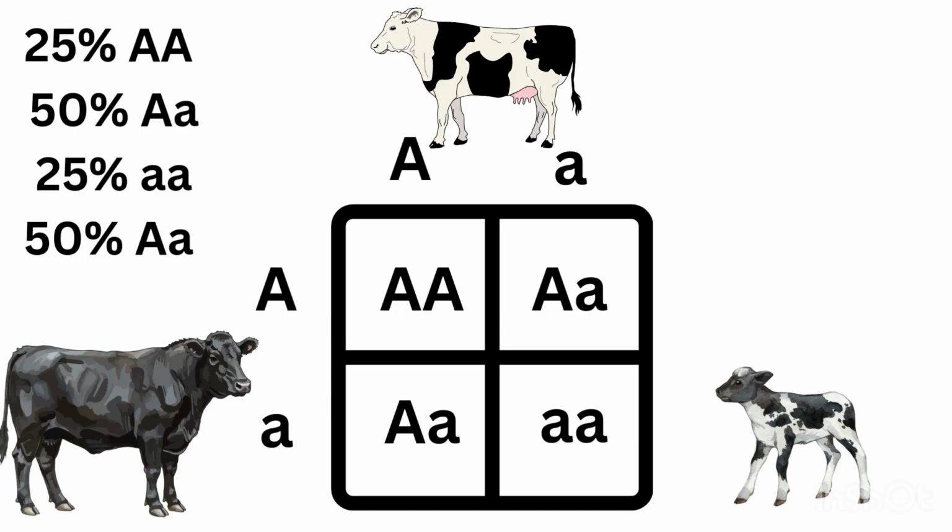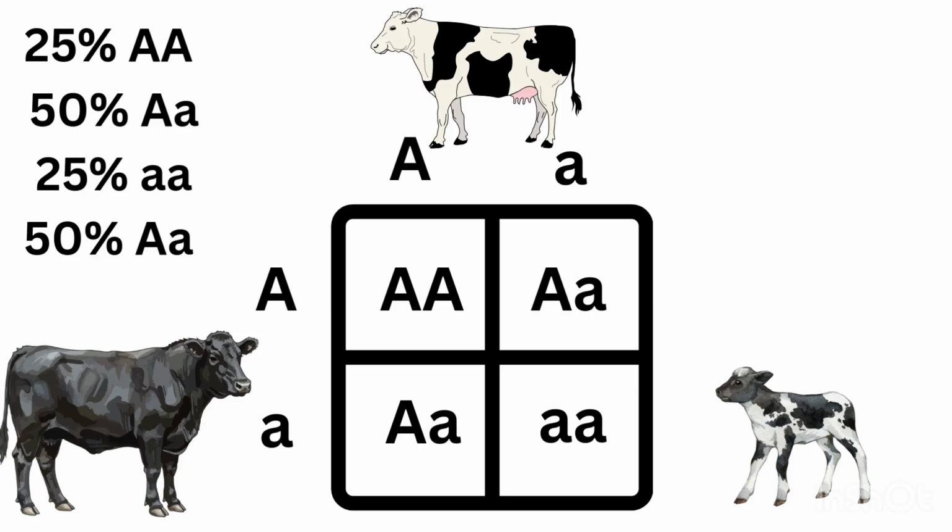When both parents are heterozygous, meaning each carry one dominant allele and one recessive allele, the Punnett square shows four possible boxes or outcomes. One box contains two dominant alleles, which is written as capital A and capital A. Two of the boxes contain one dominant allele and one recessive allele, which is written as uppercase A and lowercase a.